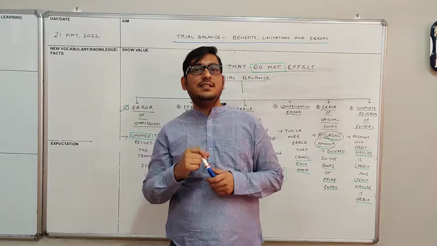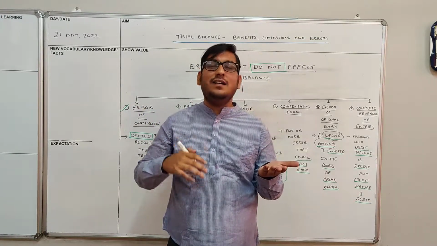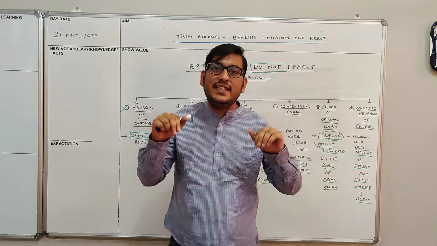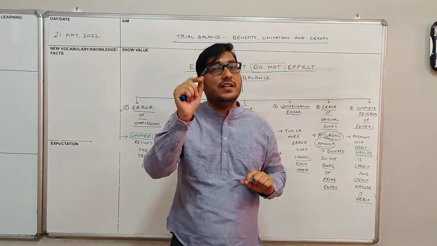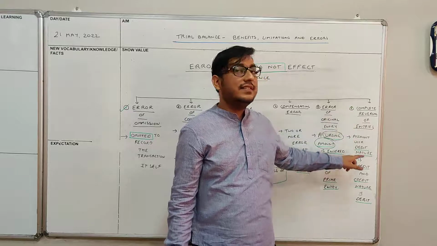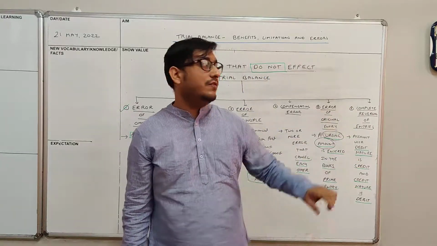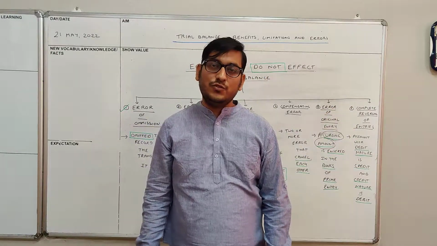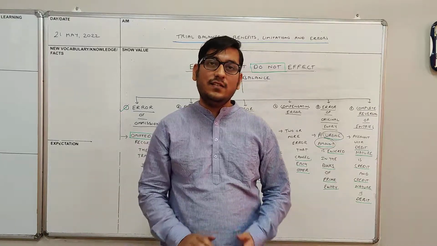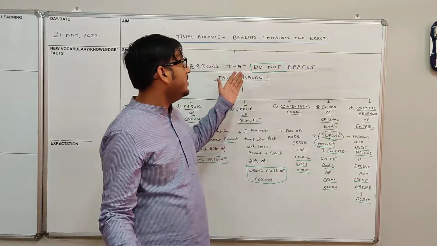But why does the trial balance match? Because one account is debited and another account is credited with the same amount. But we made a fundamental error, and that fundamental error is we have made a wrong entry. We have reversed the entry. So students, I hope you understand this error that does not affect the trial balance.